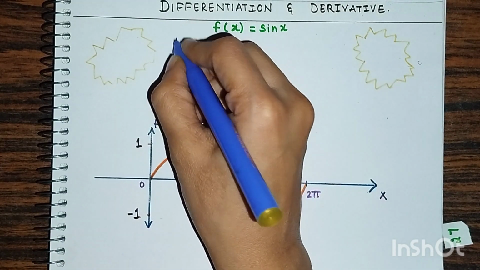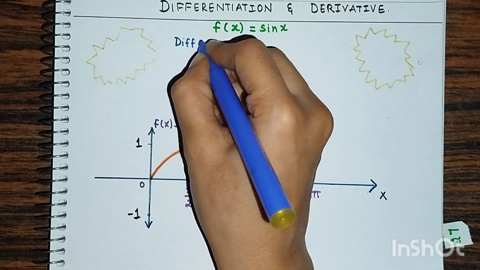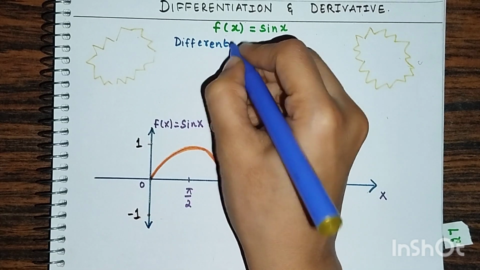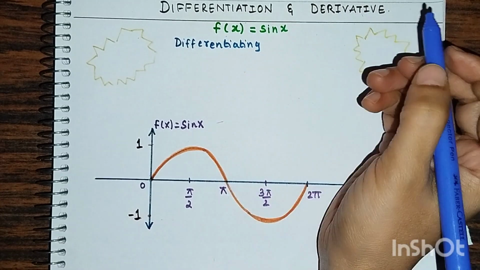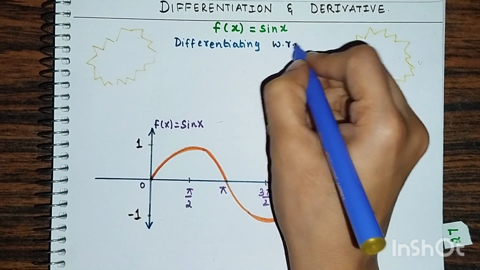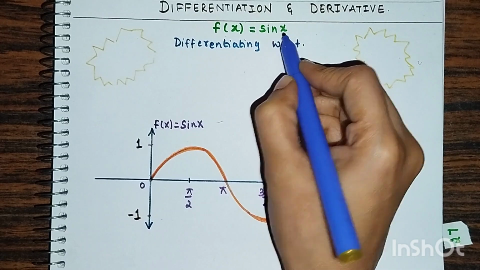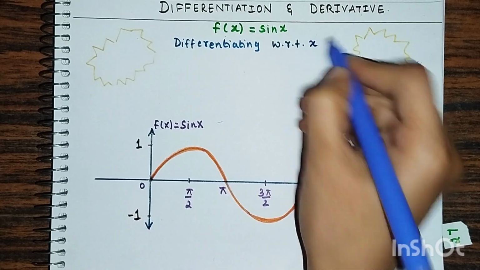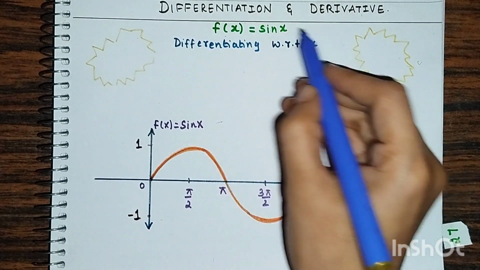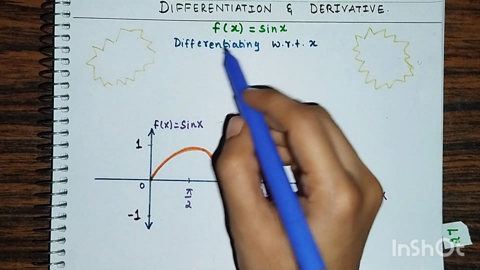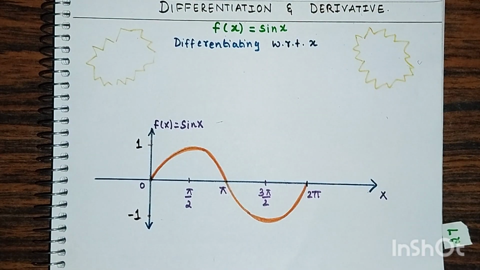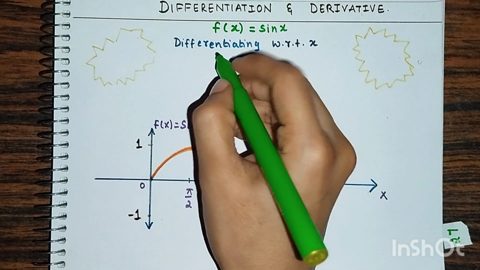If we differentiate this function, differentiating both sides with respect to the variable, here the input x. If you write sin t, here we will write t. Differentiating with respect to x. So what do we get if we differentiate?